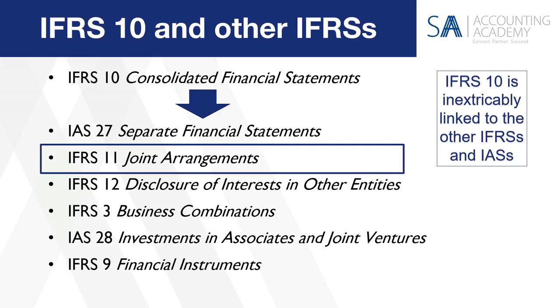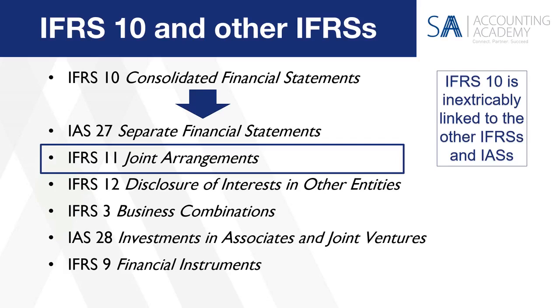But IAS 28, in respect of the equity method, now relates to associates and joint ventures, not joint arrangements. So it's important that you see the title of IAS 28. That standard deals with investments in associates and joint arrangements that are classified as joint ventures.